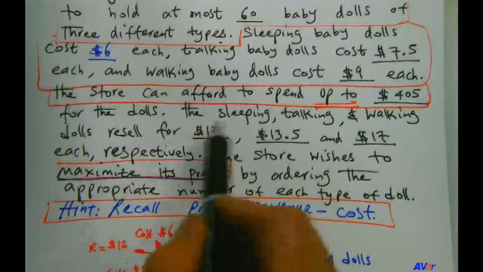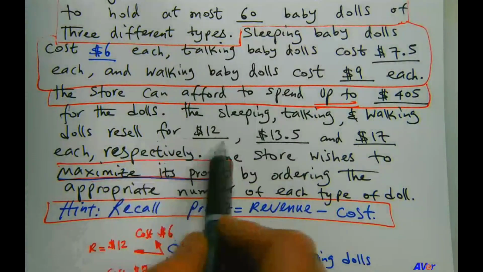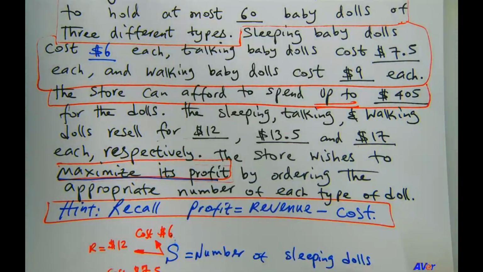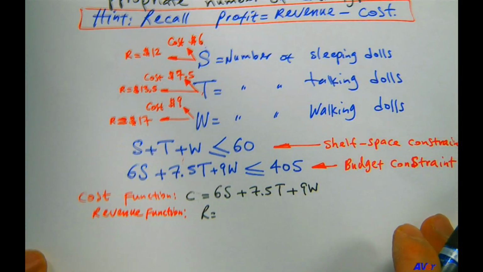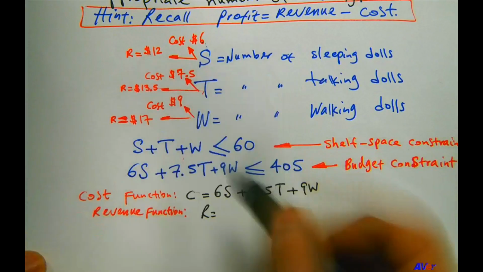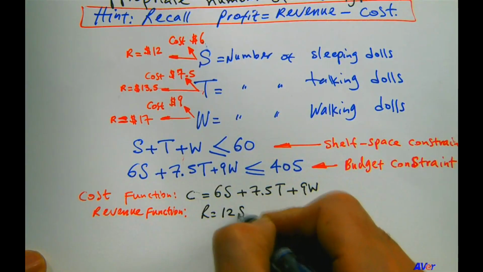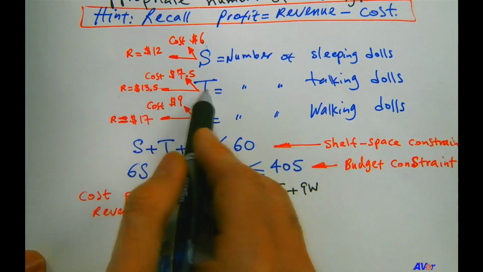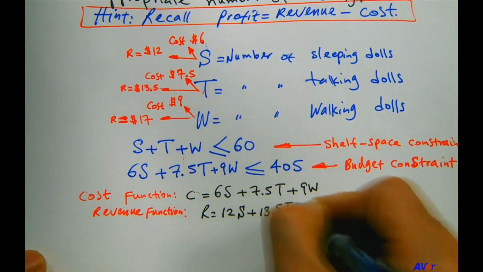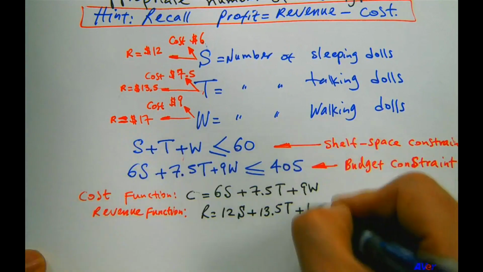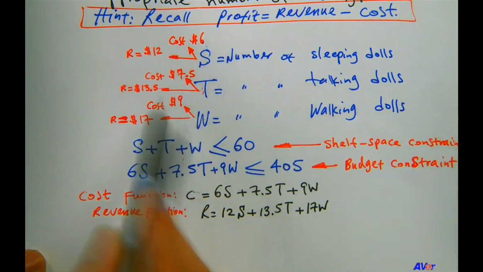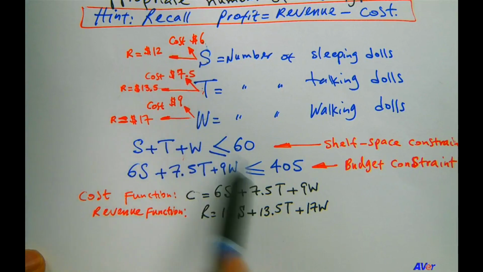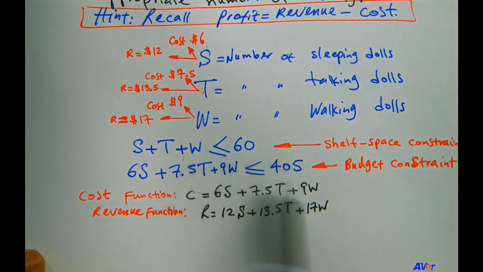Remember that the sleeping, talking, walking dolls resell for $12, $13.5, and $17 each respectively. And I have that information captured here. So 12 times S, this is the revenue function, right? Plus 13.5 times T plus 17 times W. You see, you introduce the variables and then you attach information to that variable, and that makes it possible for you to set up the constraint inequalities, and now we're working on finding the objective function.